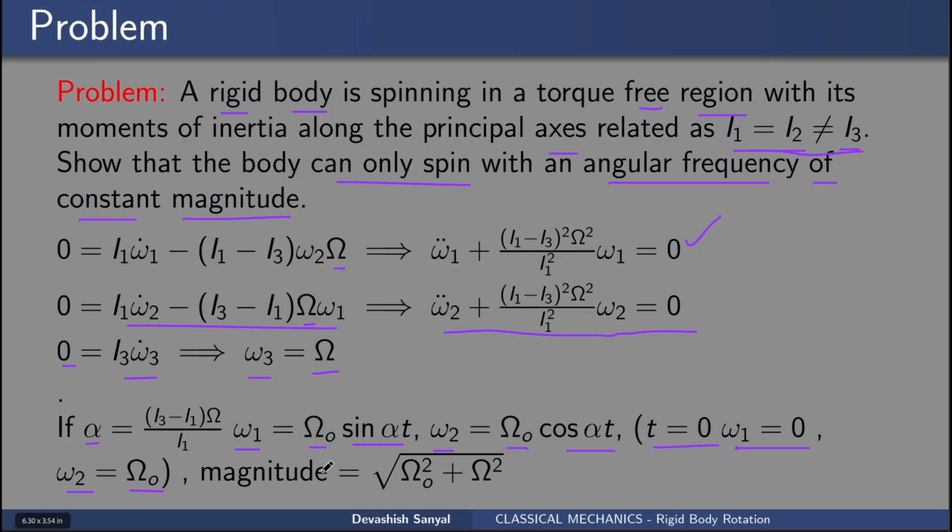From here we can see that the magnitude of the total spin angular frequency is the square root of omega naught squared plus Omega squared.